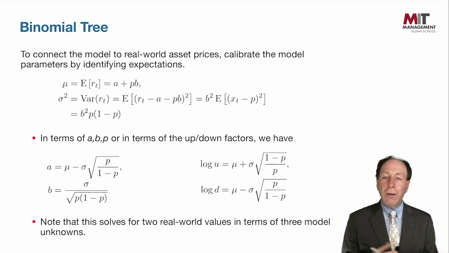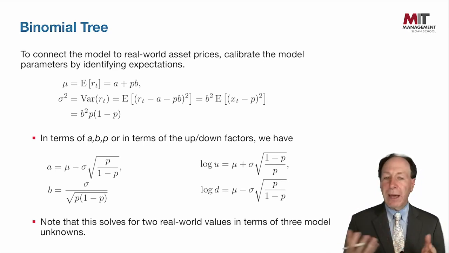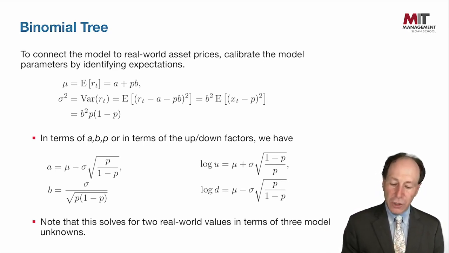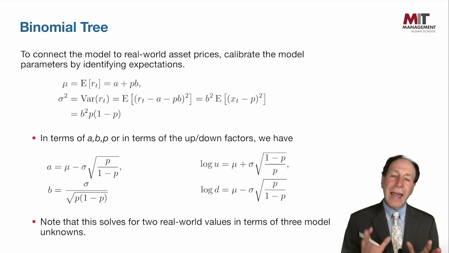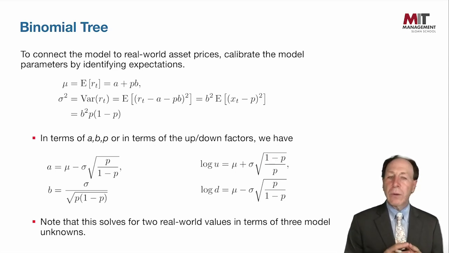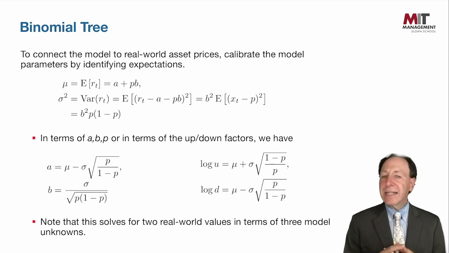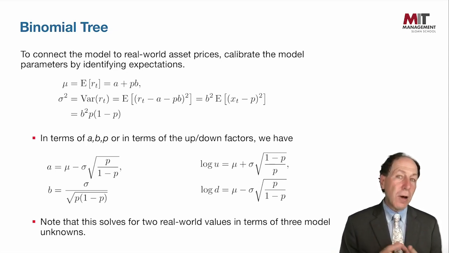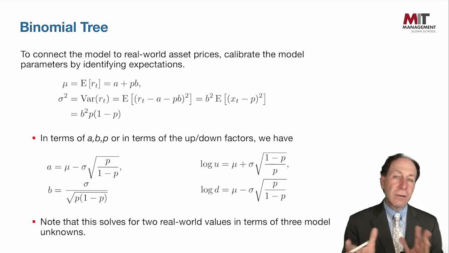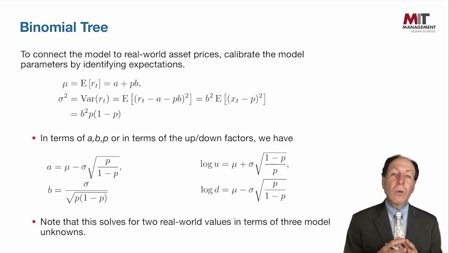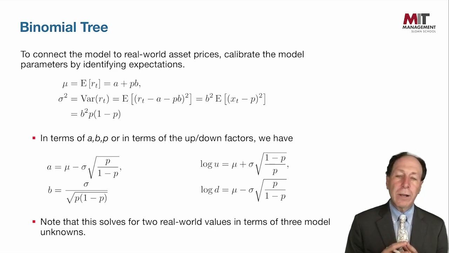So we can solve for A, P, and B in terms of the up and down factors, for example. And we can do that like this over here to have A and B in terms of mu and sigma. And then we can express log U and log D also in terms of mu and sigma, so that if we have particular real-world values of mu and sigma, that can tell us what U and D we can use in the model that will give us a discrete representation of the real-world drift and volatility that we want.